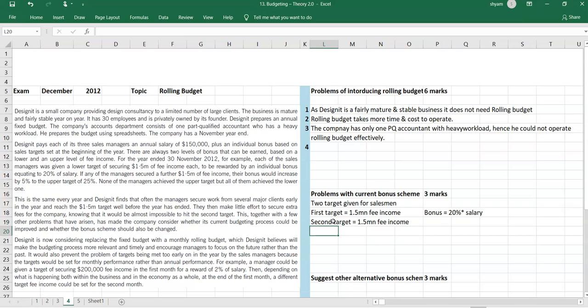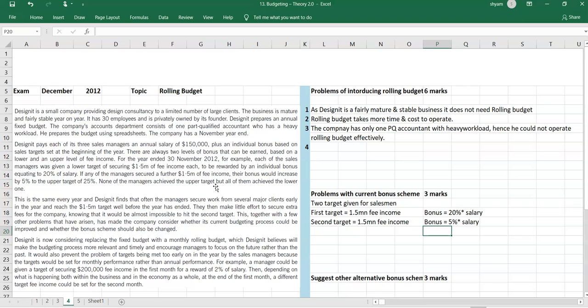Again, that is also 1.5 million of fee income. Once that has been achieved, they will be getting another bonus, but this time the bonus would be 5% of salary. So that's what they say.